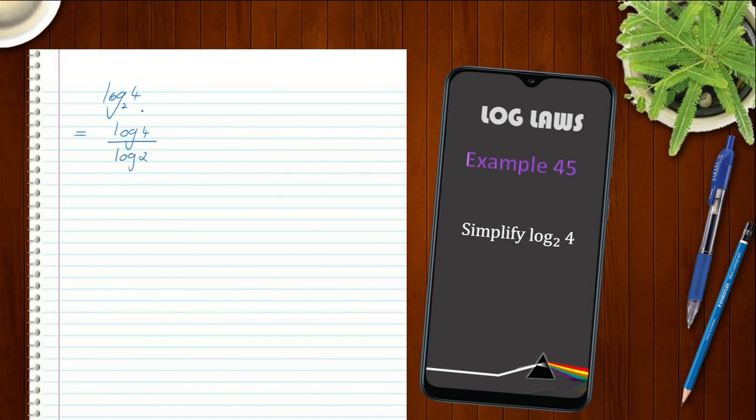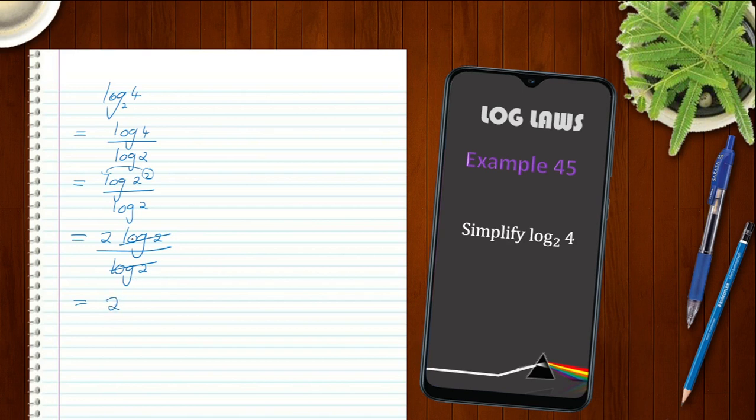Now I can put this as log 2 squared over log 2, and then I can apply my third law, taking the 2 over to the other side. This becomes 2 log 2 over log 2. We can cancel, and then we have just 2 left.